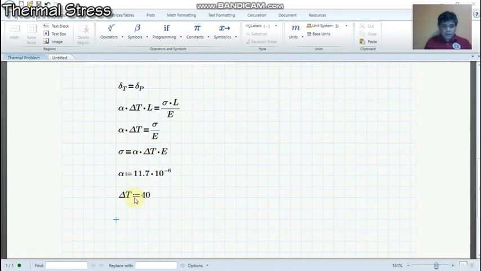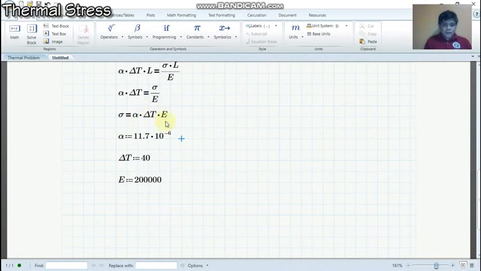And our modulus of elasticity is equivalent to 200,000 MPa. So taking note of the units, your alpha is per degree Celsius, your delta T is in degrees Celsius, and your E is 200,000 megapascal.